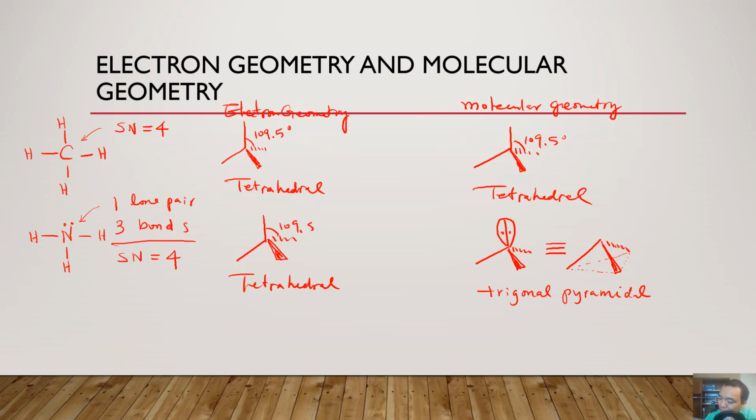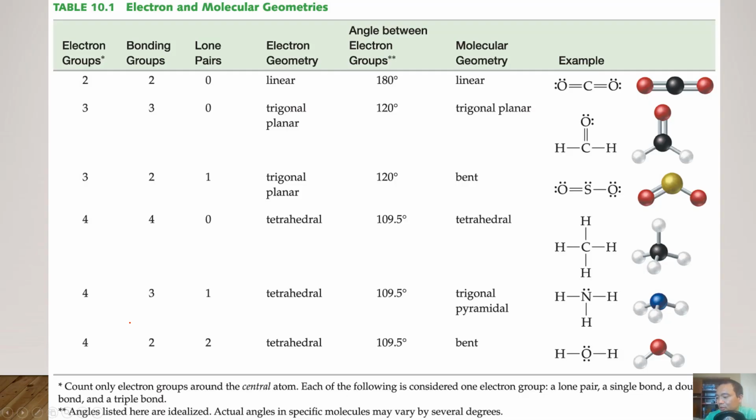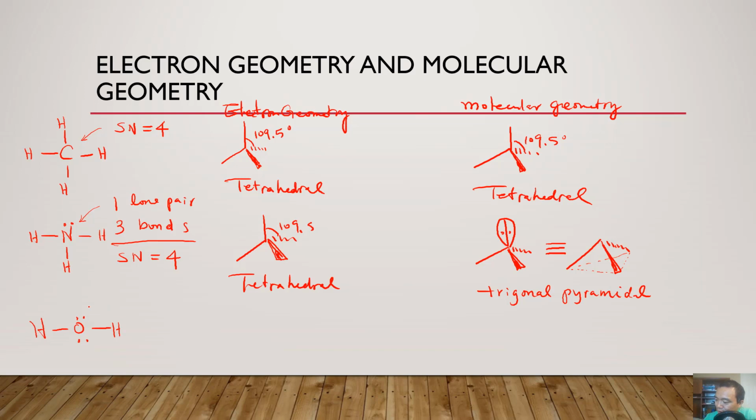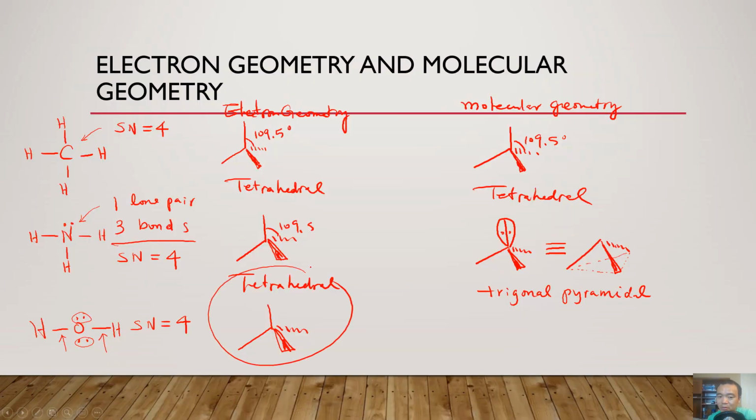What about water? For water, when you draw the Lewis structure, as you noticed, there are two lone pairs over here and two single bonds. So the steric number is 4. Right? They all share the same tetrahedral electron geometry, so it's also tetrahedral.